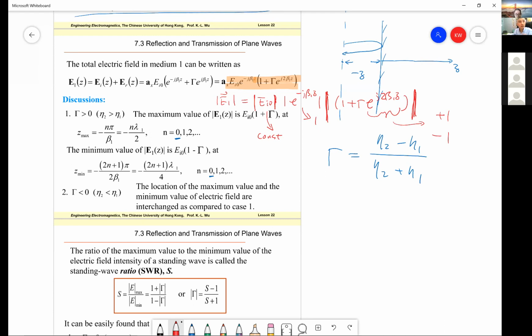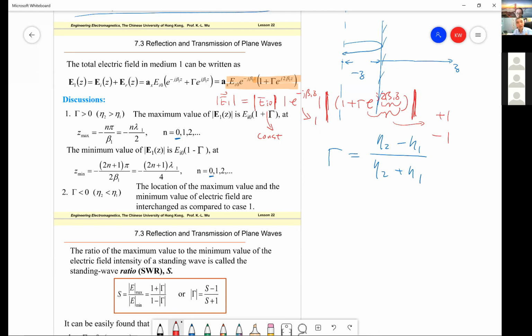If the phase is 0 or n times 2 pi, this is equal to what? If this phase is equal to pi, this is equal to -1, right? So these are the two extreme values. What is in between? This is just a complex number with magnitude equal to 1.